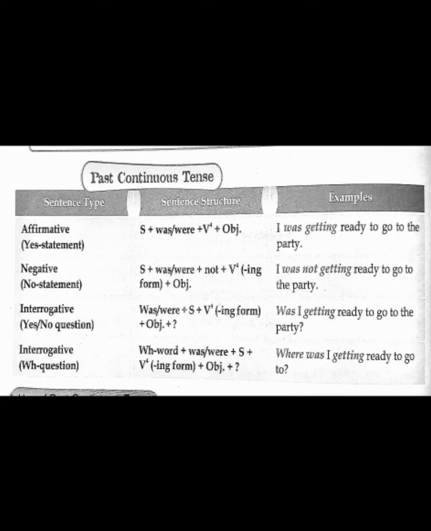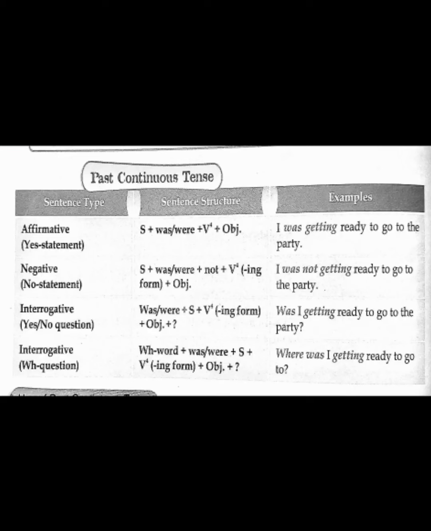Here if we had plural, in that case I have to use were. Okay. Were you getting ready to go to the party? Since I was having I, that is why I have used was. Okay. Was I getting ready to go to the party? And question mark. Now let's see what happens in WH word. In WH word, it goes like this.